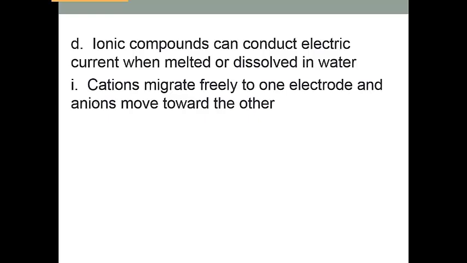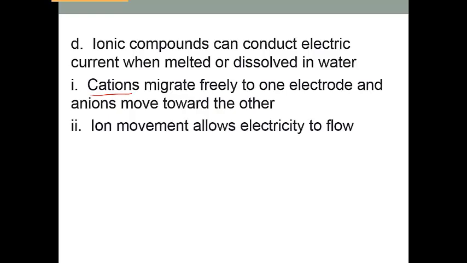The cation, the positive charge, can move from one electrode to the other, and they can move back and forth, so it finishes the circuit, which allows the electricity to flow. The ion movement is what allows that electricity to flow. That's really important because as we get into bonding in metals, the movement of the ions is what allows electricity to flow.